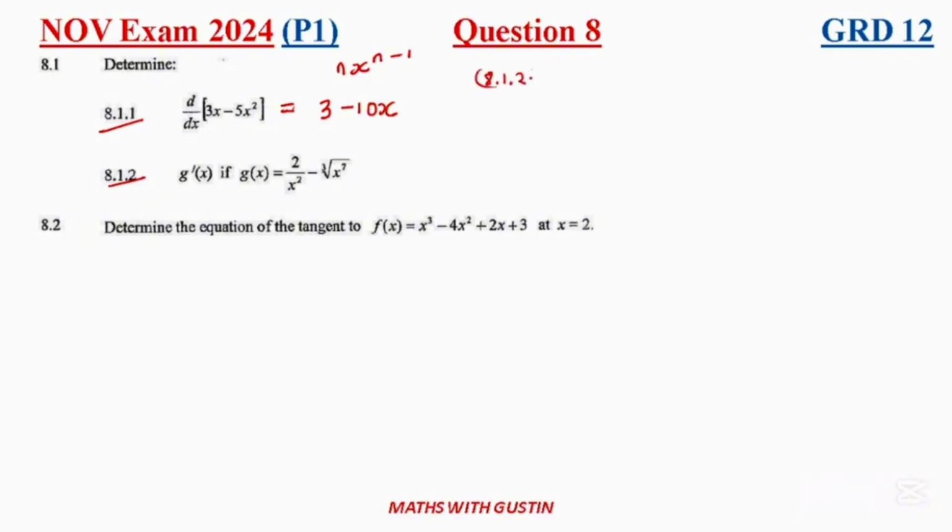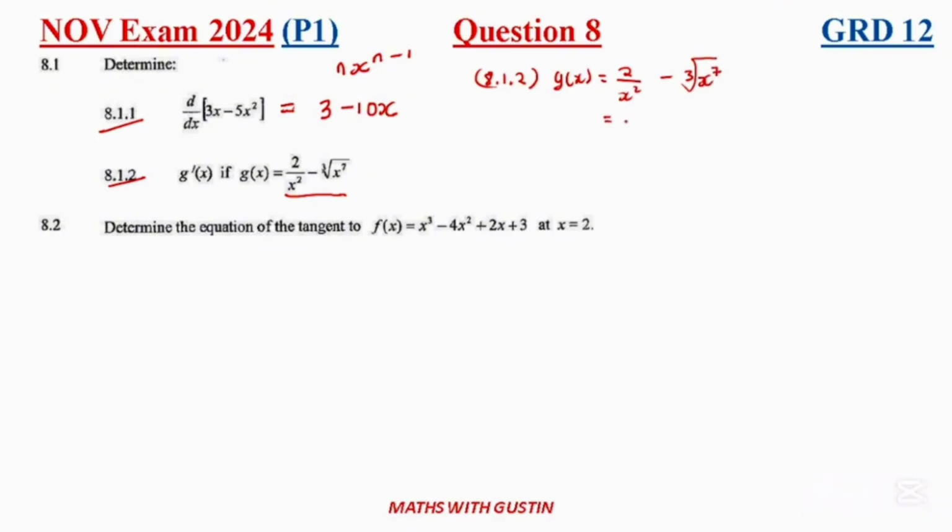So now if you look at this question here, you can't derive it this way. What you need to do now is simplify first, make everything to be on a line. In this case, guys, you must also know exponent rules in order to be able to simplify this.